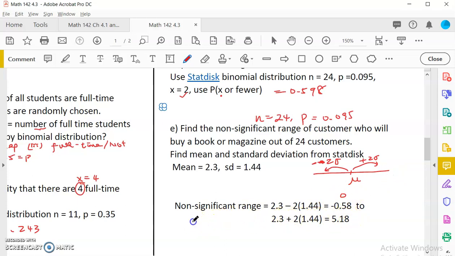So from 0 to 5.1 customers buying books, you are not surprised. This is called a non-significant range. Samples can fluctuate like that if you have 24 customers. But if it is more than 5, like 6 or 7 customers, that is a surprise.